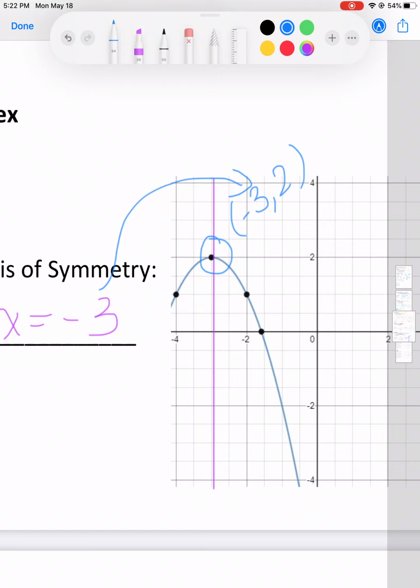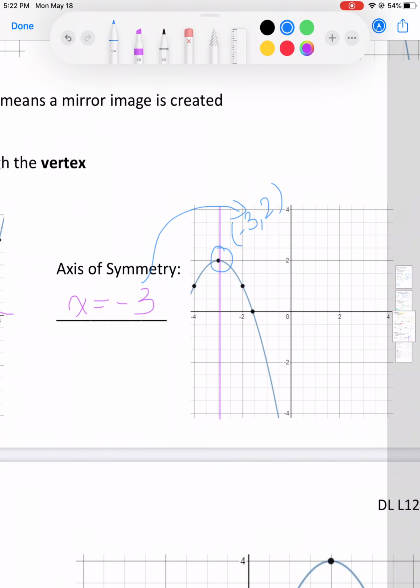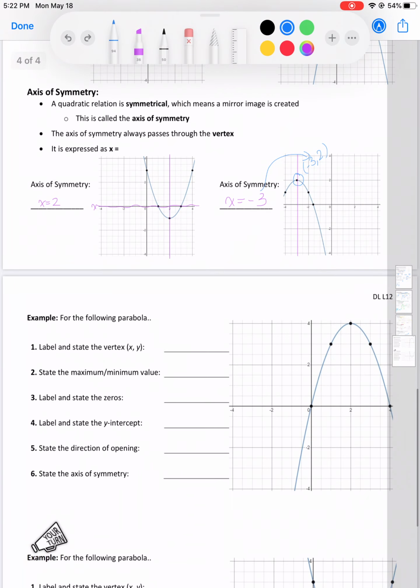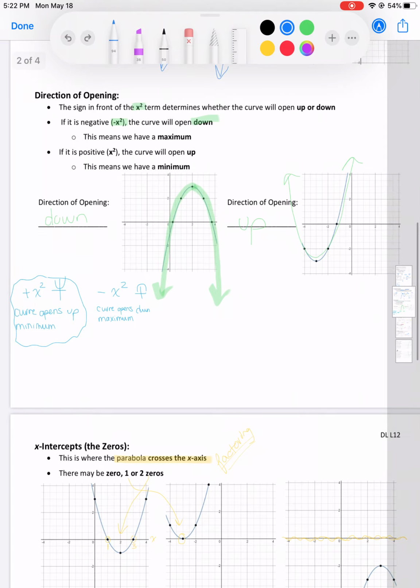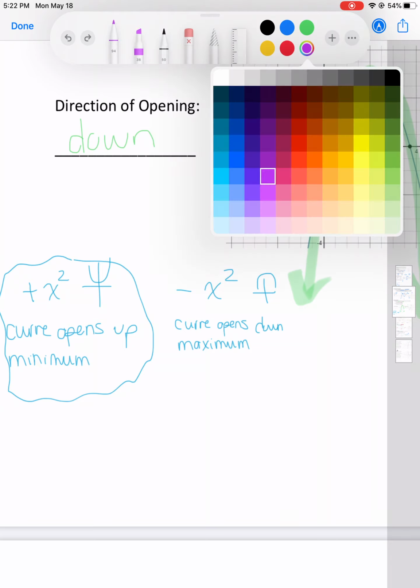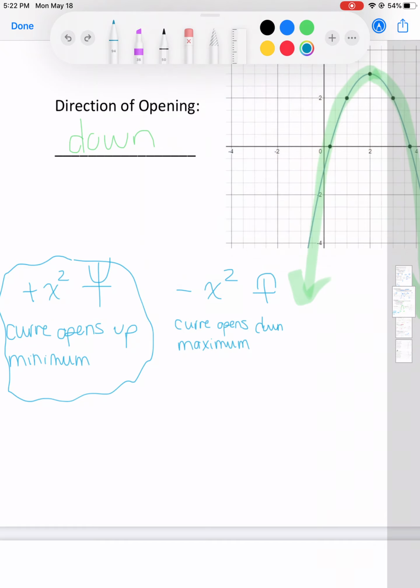Of course. So as you can see, the axis of symmetry is whatever the x value is in my vertex. Okay. So now we're going to get into an example. So one last thing I'm going to add here is for our vertex, it is x, y, right?